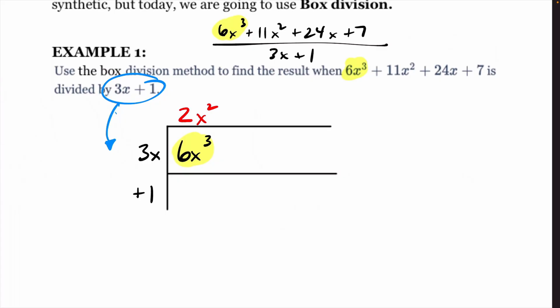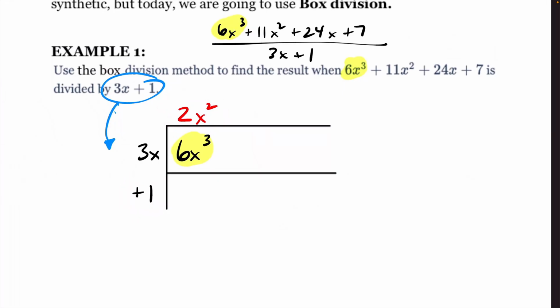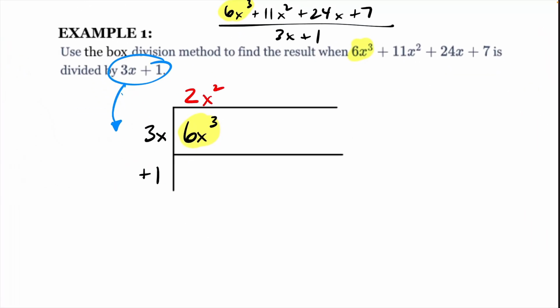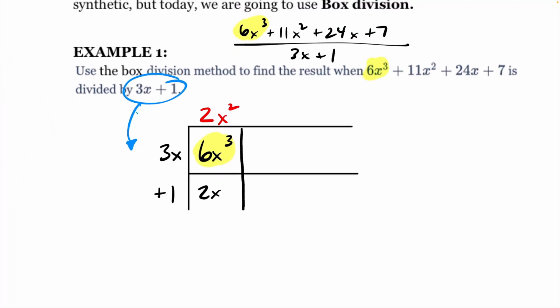Now what do we do? We multiply this guy times this guy, and we get 2x squared, right? We're going to put that here. Close off that section of the box. Okay. Go to the next one.